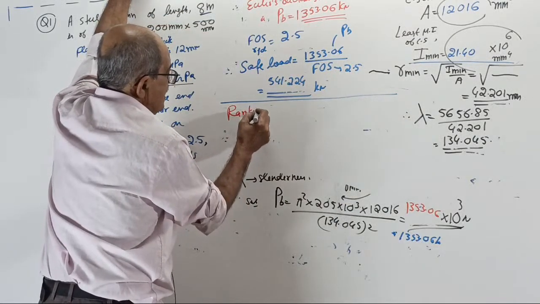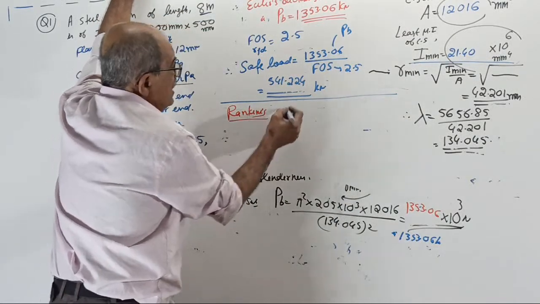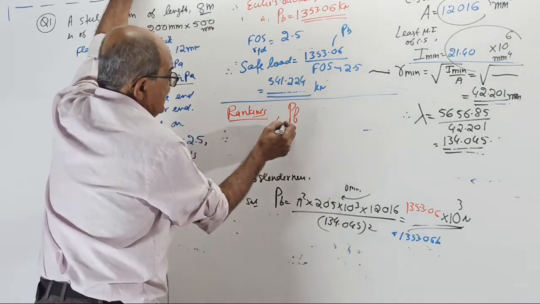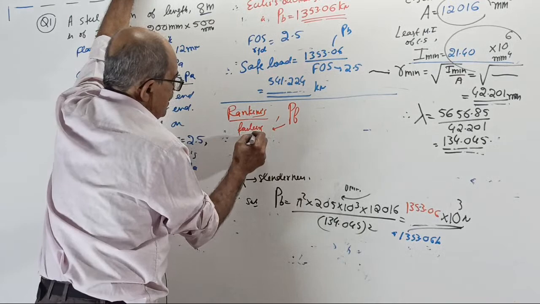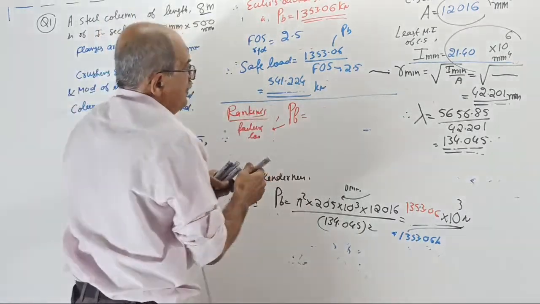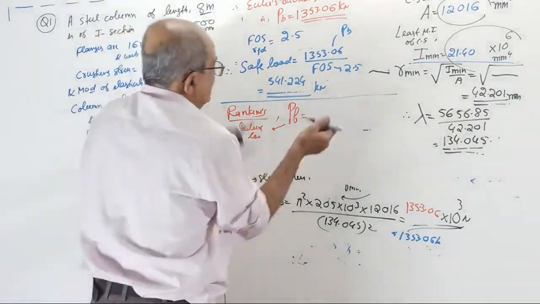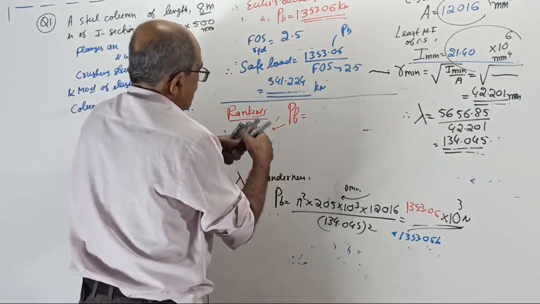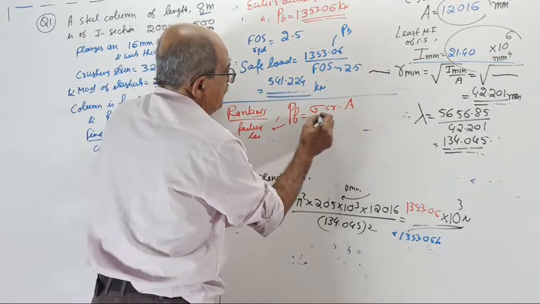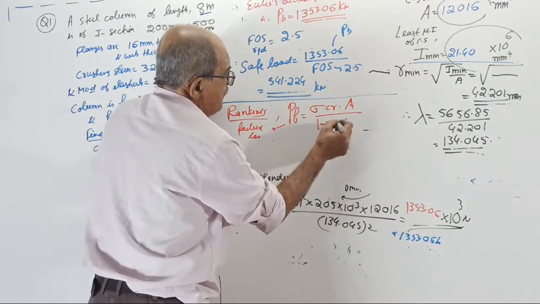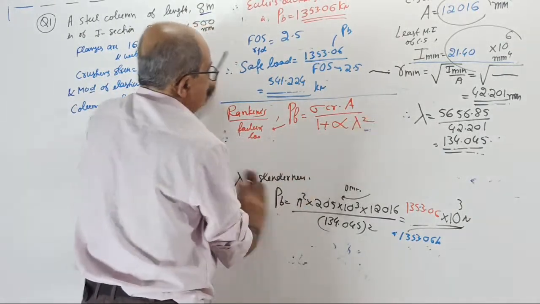Rankine's formula. Rankine's failure load, PF, right here, is equal to, see, red color is danger, sigma CR into A by 1 plus alpha into lambda square. One minute now.